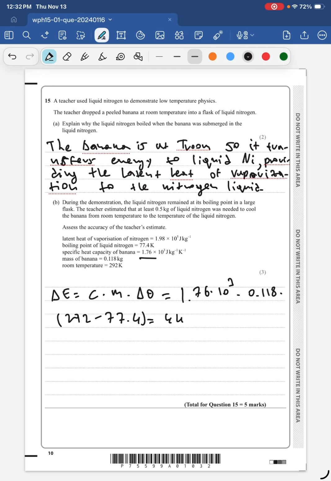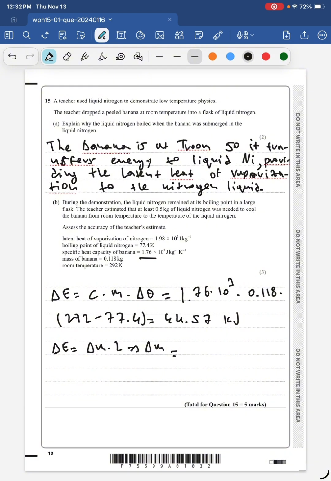So we will give 44.57 kilojoules to nitrogen. Okay, so for nitrogen, when nitrogen boils, we need energy given by delta E is delta M times L, right? So we need to calculate how much nitrogen will boil pretty much, right?